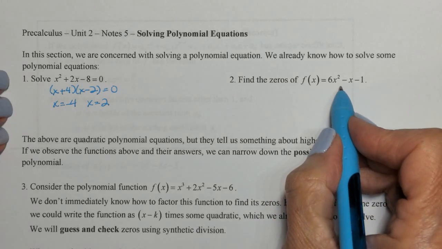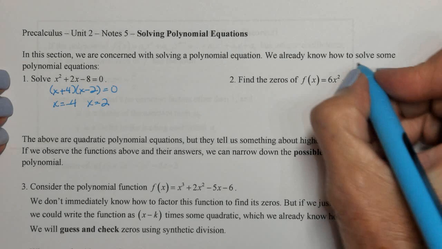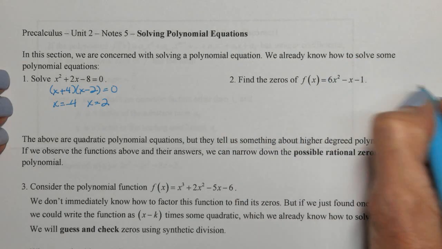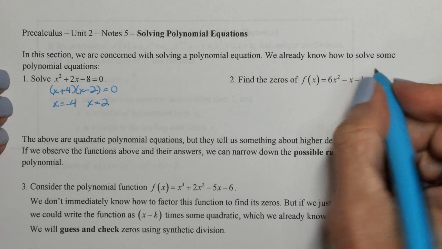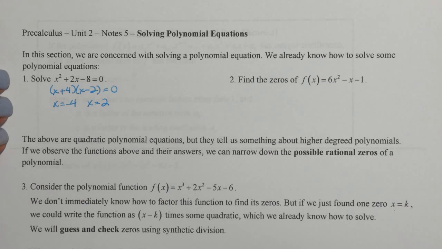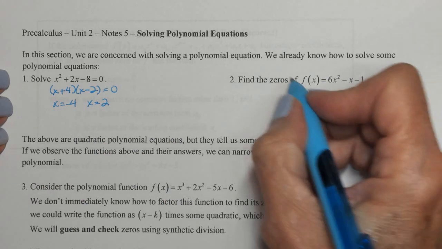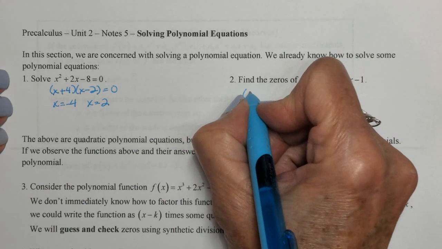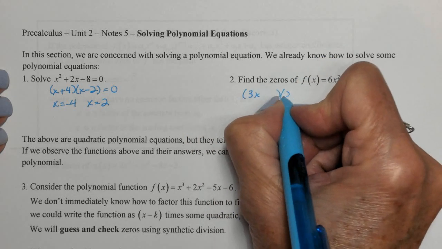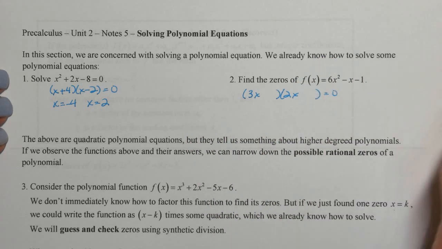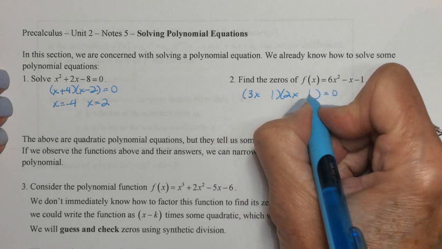This one over here, finding the zeros. So if I'm asked to find the zeros, I take that function, set it equal to 0, and do the same thing I did over here, if possible. Can we factor that? Yeah, we can factor that. That factors into, let's see, we have a 1 and a 1.